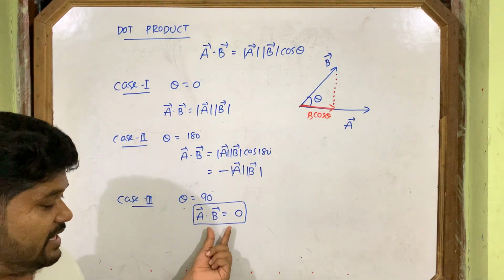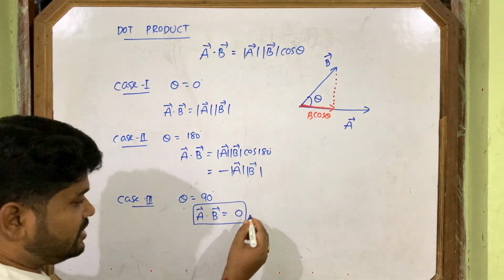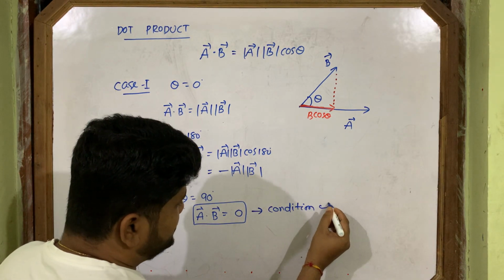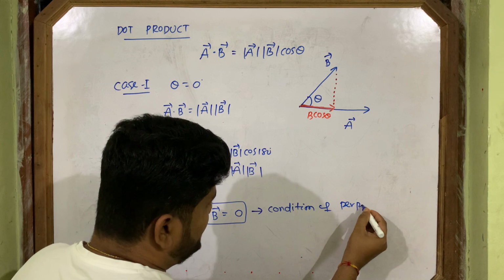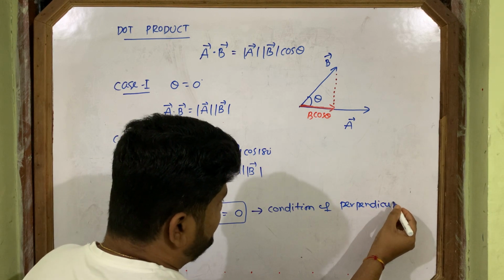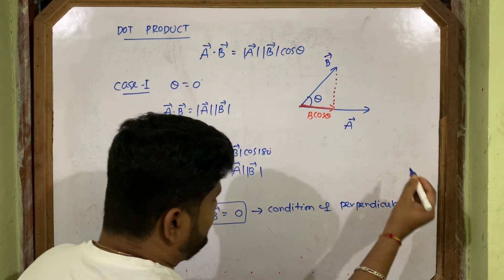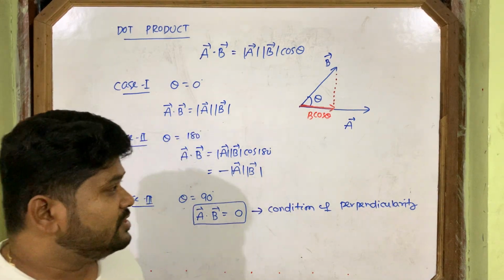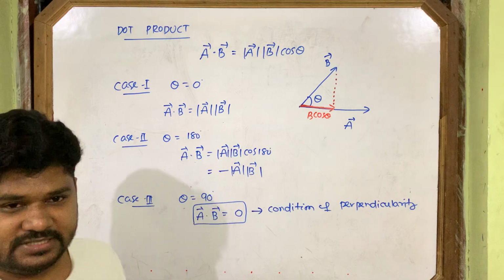So this formula will help you. This is called the condition of perpendicularity: A vector dot B vector is equal to 0. So these are the three cases we discussed.